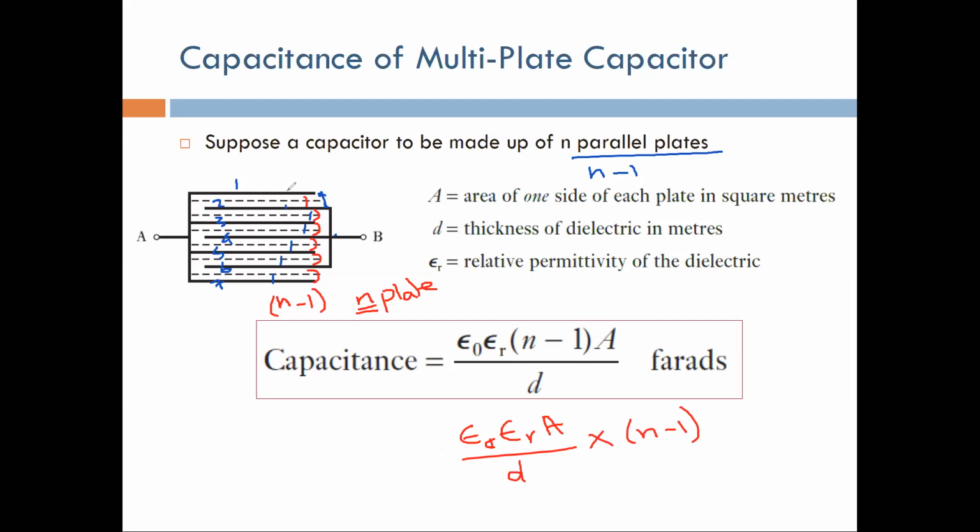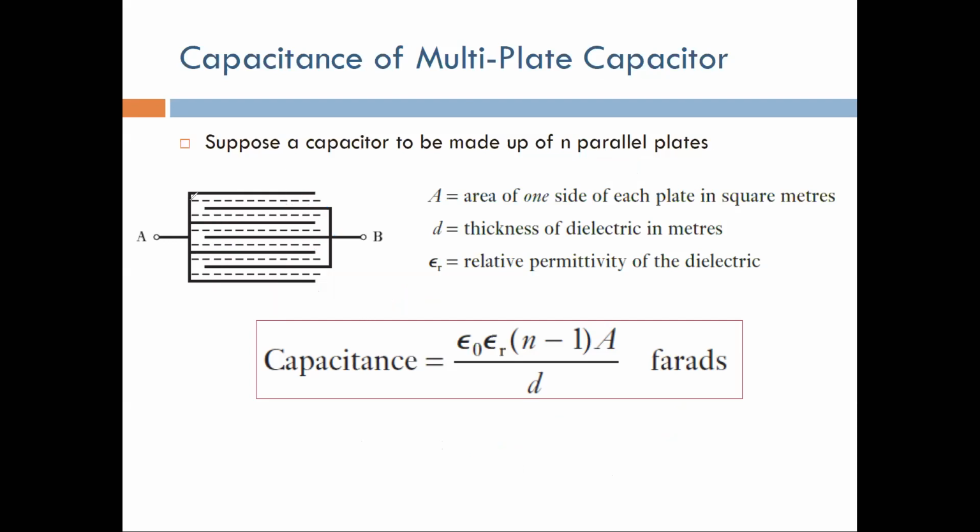Okay. Here you have n plates. You have 1, 2, 3, 4, 5, 6, 7. The number of capacitors here, as we said before, the definition of a capacitance is two conductors with dielectric in the middle, right? So here you have a capacitance between these two, and a capacitance between these two, and these two, and these two, and these two.